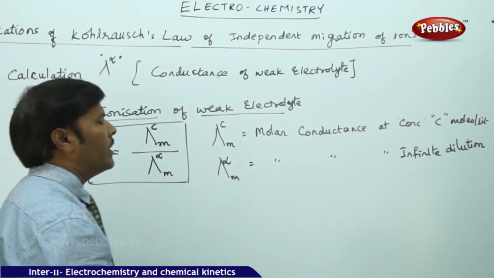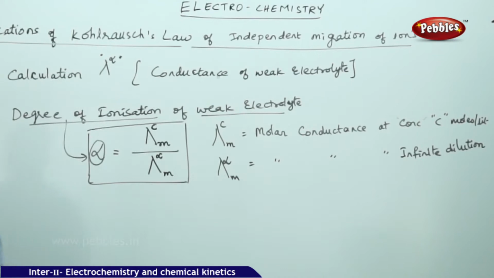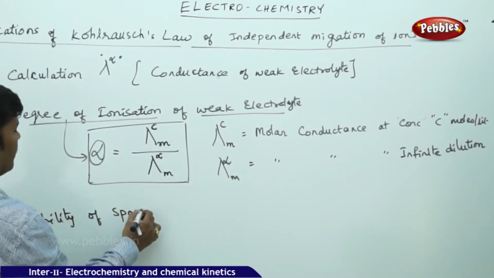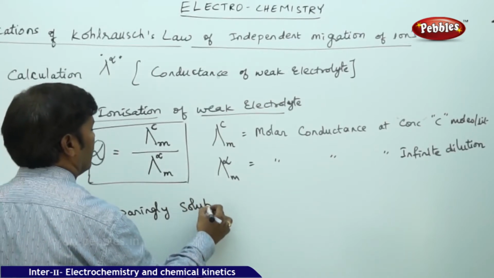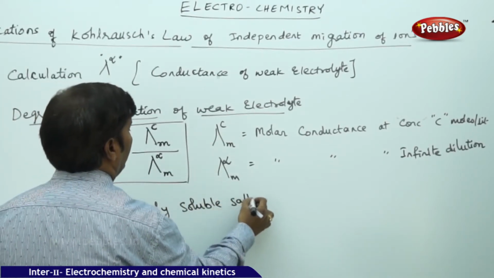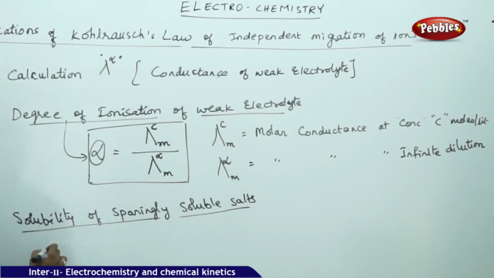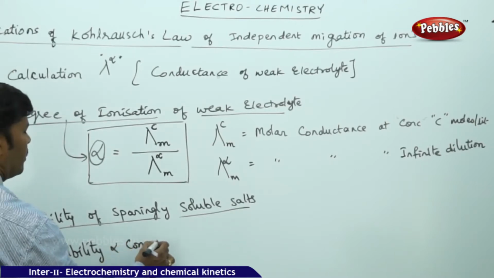Then the third one: we can calculate the solubility of sparingly soluble salts. Solubility is directly proportional to the concentration of the electrolyte.